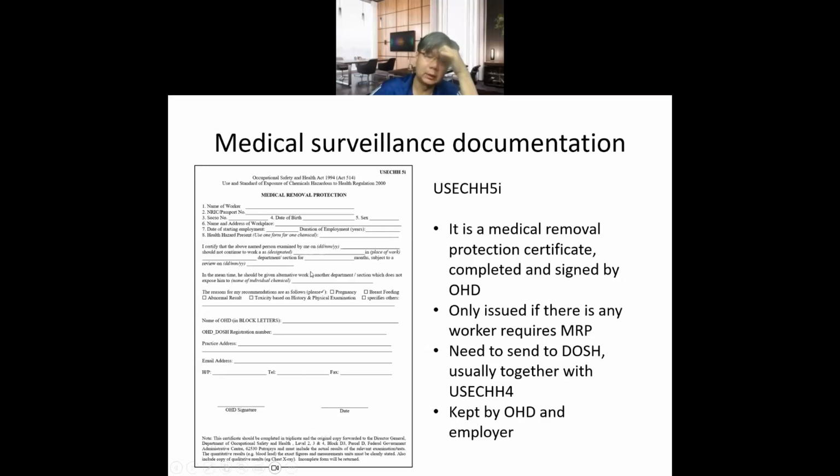If you notice, one of the pieces of information we put here is: certify that the above named person, examined by me on a certain date, should not continue to work as a certain position in which section or department for how many months, subject to review on when. So for MRP, we actually specify how many months are required for him to be removed, and when he will need to come back and be reviewed again.